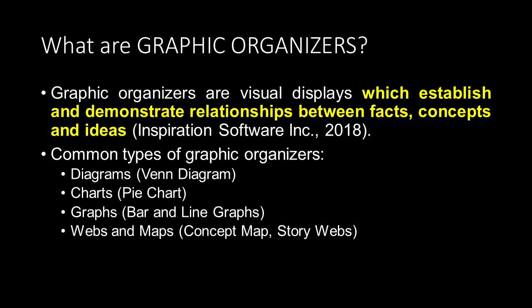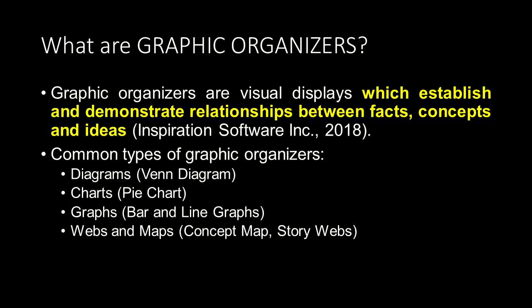So what are graphic organizers? According to Inspiration Software in 2018, graphic organizers are visual displays which establish and demonstrate relationships between facts, concepts, and ideas. And there are 4 common types of graphic organizers. We have diagrams, or more specifically, Venn diagrams.